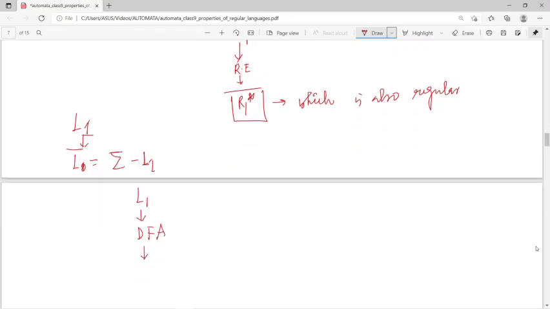And if we design a DFA, that means we have a set of states, set of input symbols, transitions, initial state and set of final states.